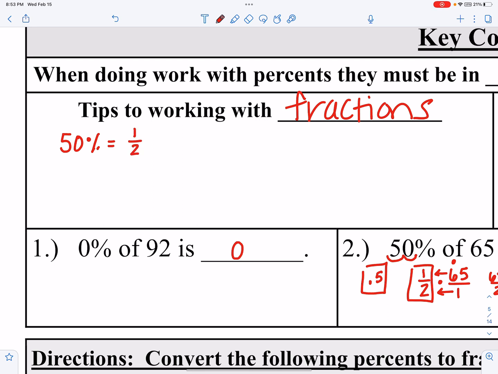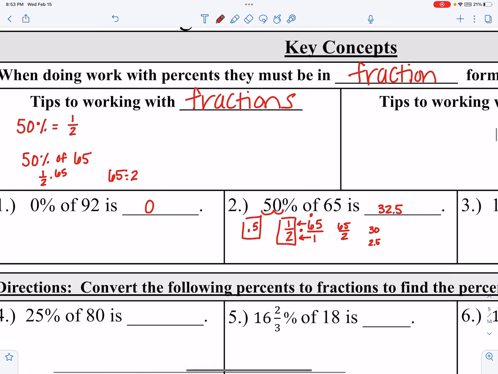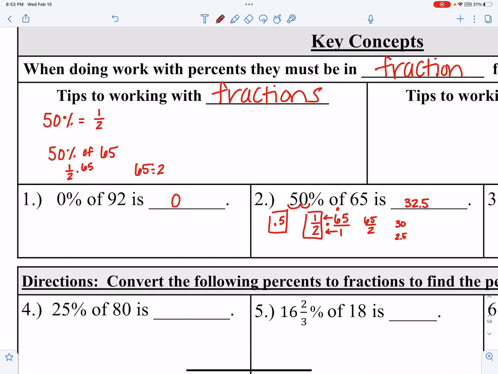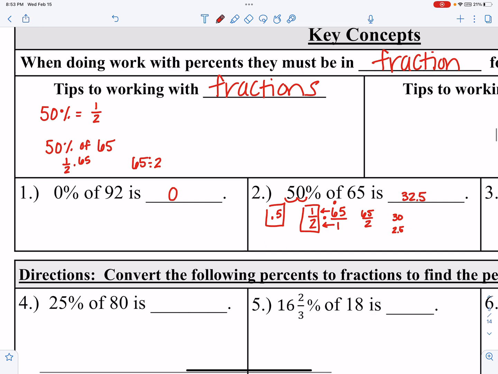Okay, so if we were going to give the example of 50% of 65, we know that this just means 1/2 of, meaning times, 65, which we know is 65 divided by 2, and we already said that is 32.5. So this is a common thing to be aware of with fractions.